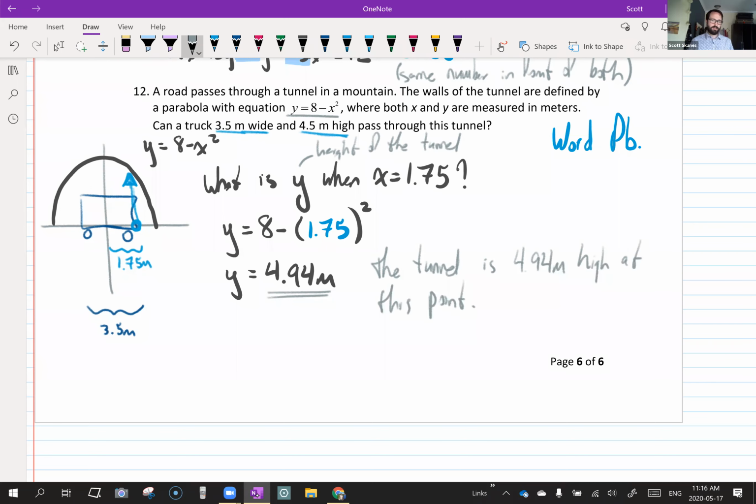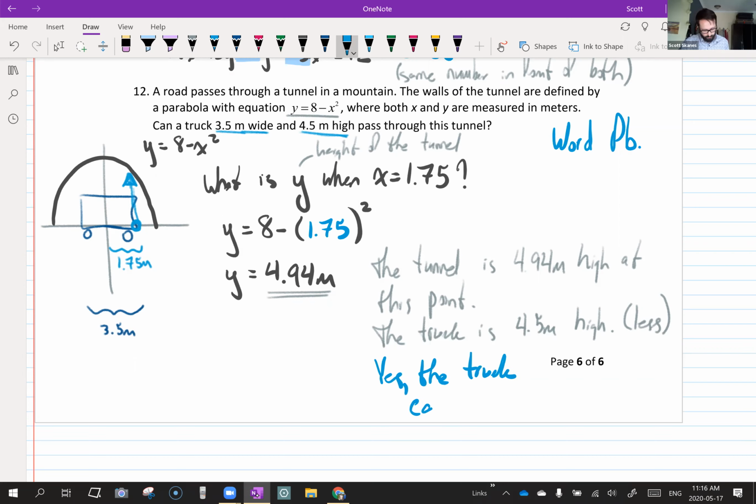So you're saying, yes, the truck can pass through the tunnel, and I'm agreeing with you because the height of the tunnel at that point is 4.94 meters. The truck is only 4.5 meters high, which is less. So really the answer is yes, the truck can pass through.